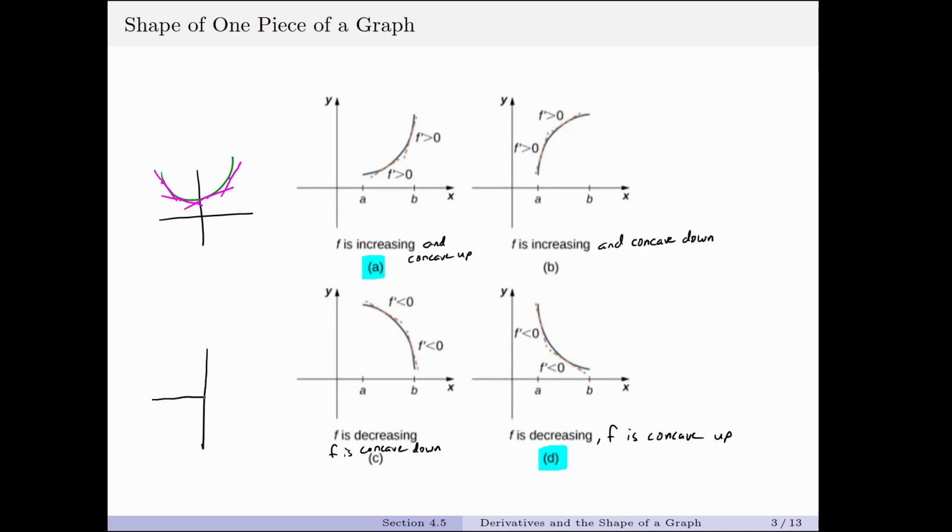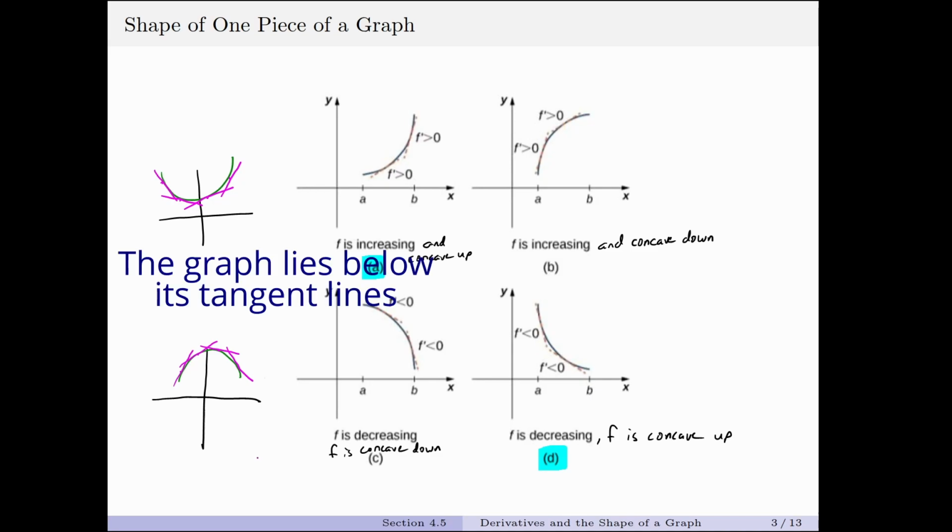And if I draw a graph that has this cup down shape, and I draw in the tangent lines, you'll notice that the graph lies below its tangent lines when the graph is concave down.